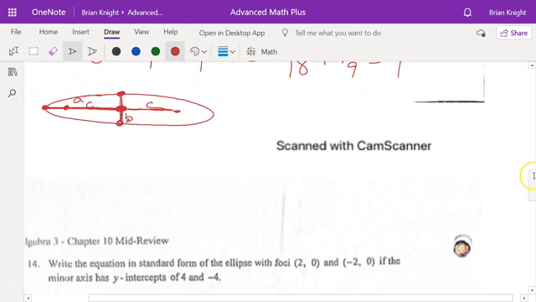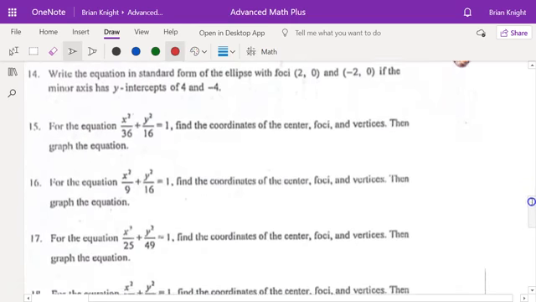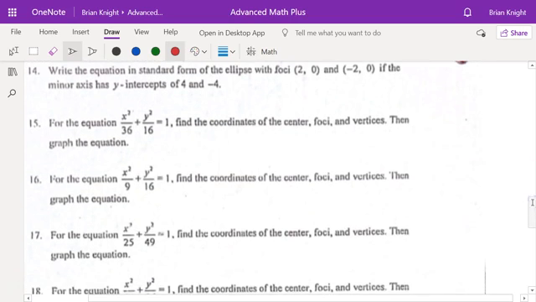Okay. One more like this, right? 14. What's my C going to be? 2. Okay. What's my center? 0, 0. Sorry, I made it easy for y'all. They're all 0, 0. And what's my B? 4. So, the pattern is A squared equals B squared plus C squared, or C squared plus B squared, however you want to think about it.